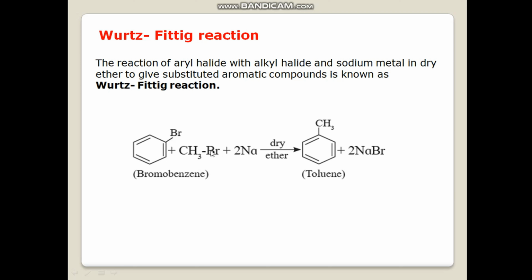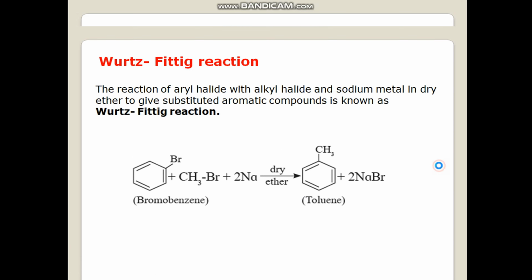In the Wurtz-Fittig reaction, the reagents used are bromobenzene and methyl bromide. In the presence of metallic sodium and dry ether, the toluene product is formed. This is a substitution reaction, meaning a substituted product is formed.